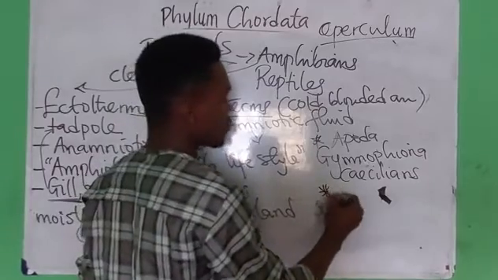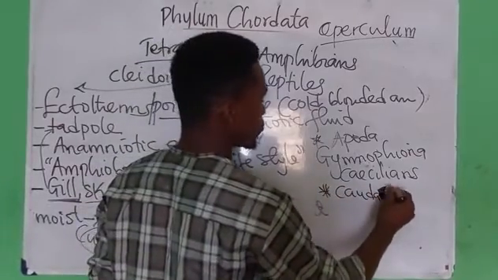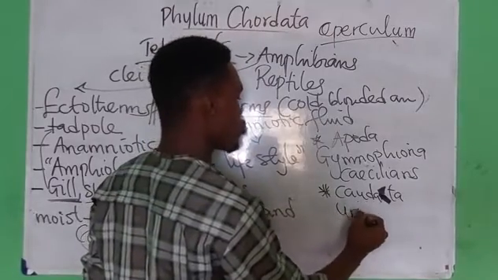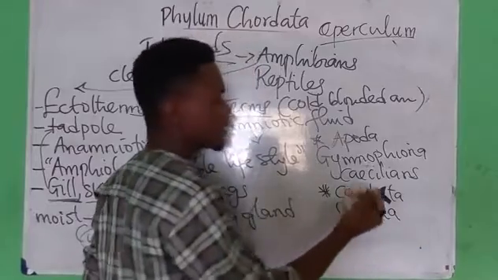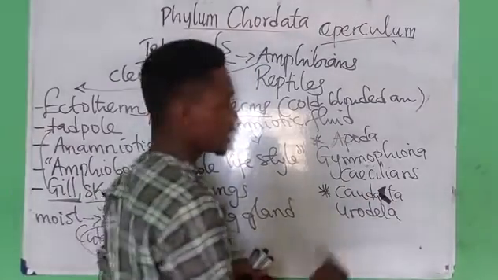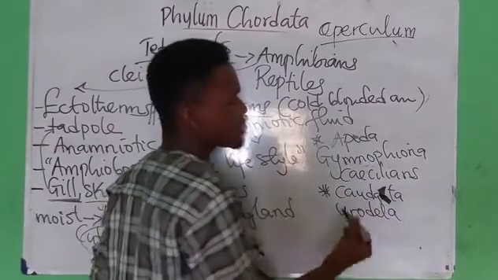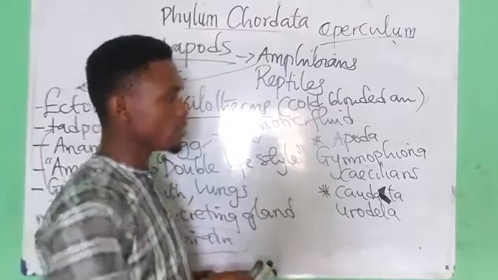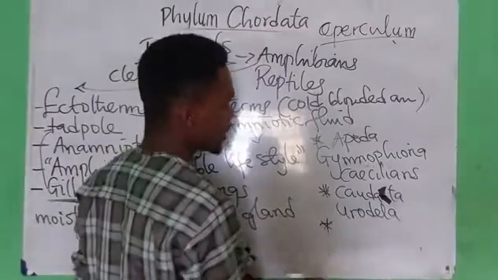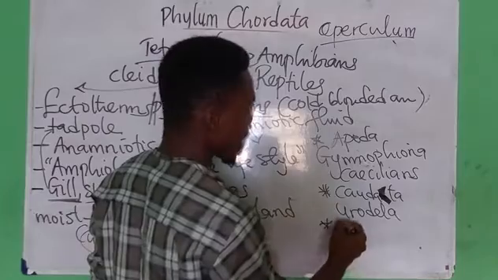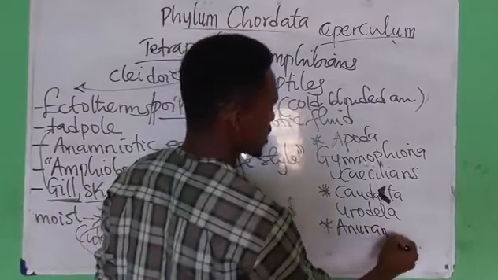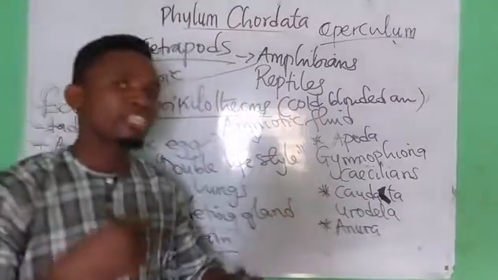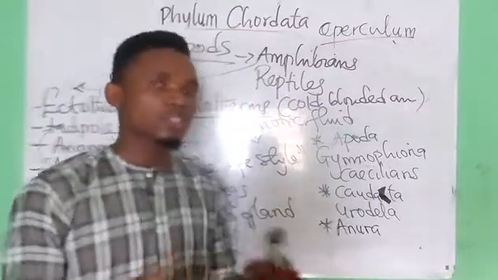We now have another order called order Caudata. Sometimes some textbooks will tell you Urodela. Caudata is the same thing as Urodela. They are called Caudata because they are tailed amphibians. They have a tail. And the third one is order Anura, which houses the anurans, which are frogs and toads.